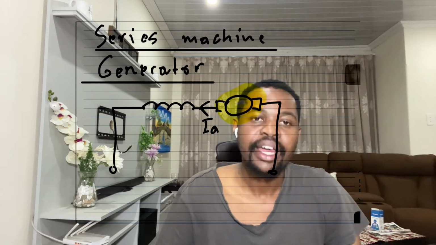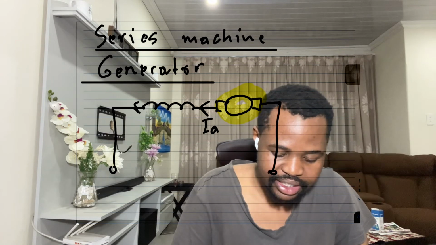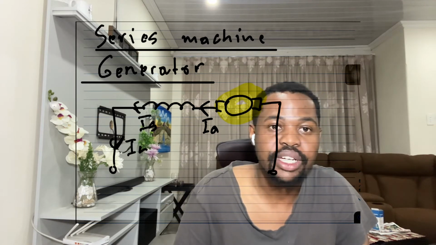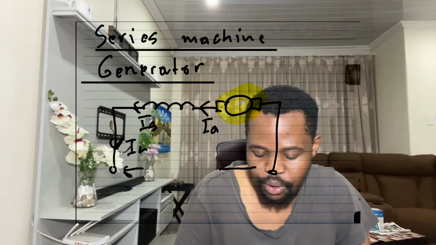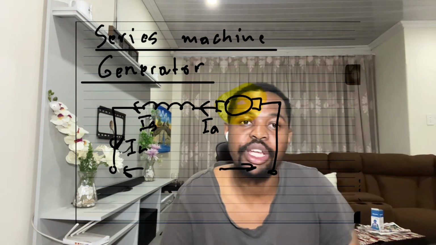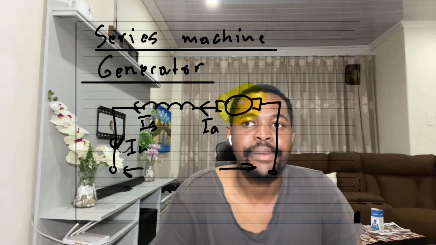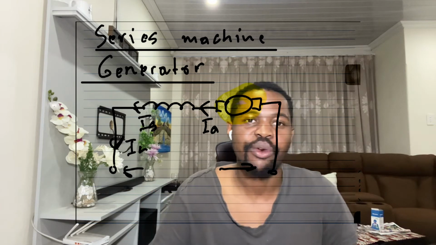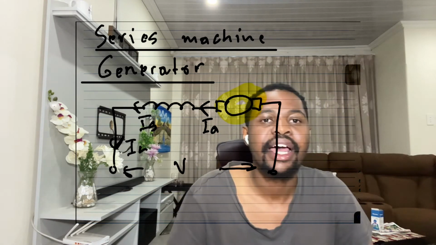Now let us continue looking at the currents. This is I series, then this is I load, the load current. The load current, you'll only get it once you connect a load. Maybe you connect a lamp or a kettle, whatever, this generator will be supplying.